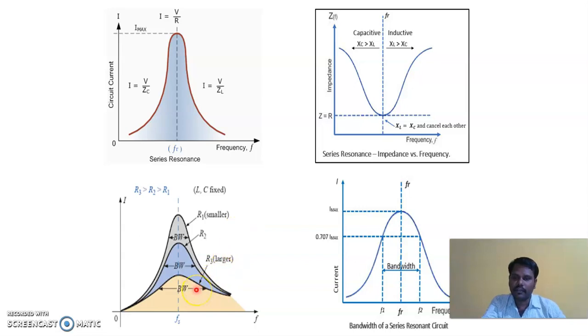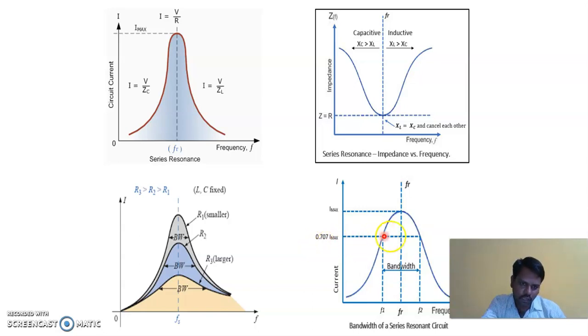Next we'll learn about the bandwidth of a circuit. At resonant frequency, the current is maximum, which is I max. Dividing by root 2, you have 0.707 I max.